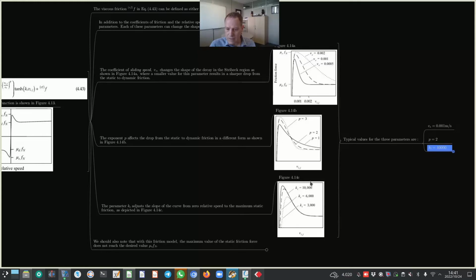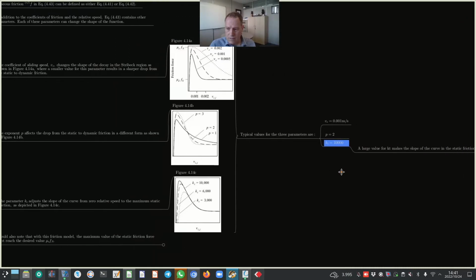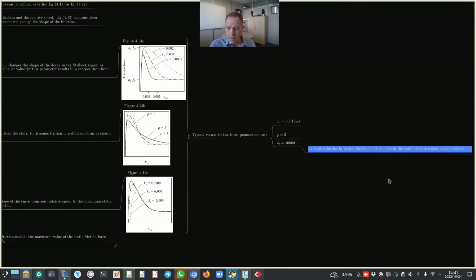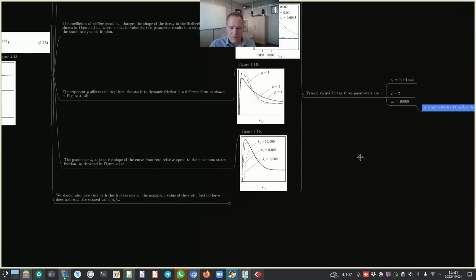This value over here. Now, a large value for Kt makes the curve in the static friction region almost vertical. And we know that we want to avoid a vertical line. So with the value of 10,000, there's still a slope in this transition stage, so that would suffice.